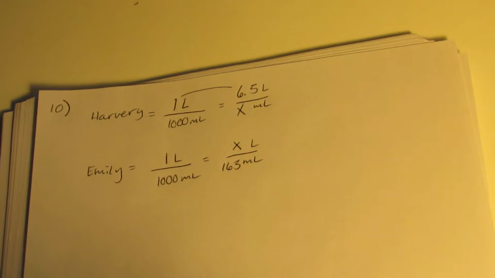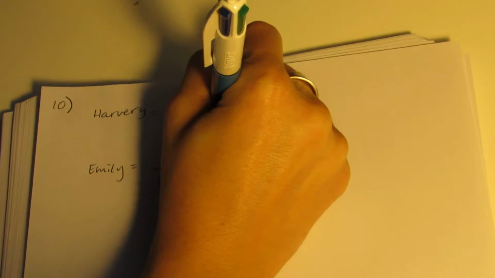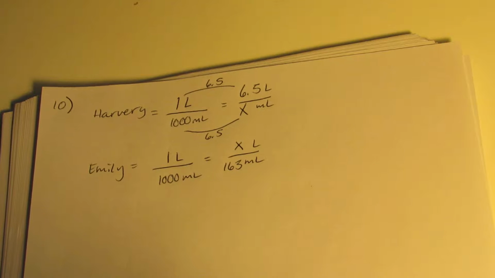It says from 1 to 6.5. Remember I told you bigger number divided by the little number. In this case, it's 6.5, so my scaling factor is 6.5. Again, we want to look at where our arrows go, and we always go toward the x.